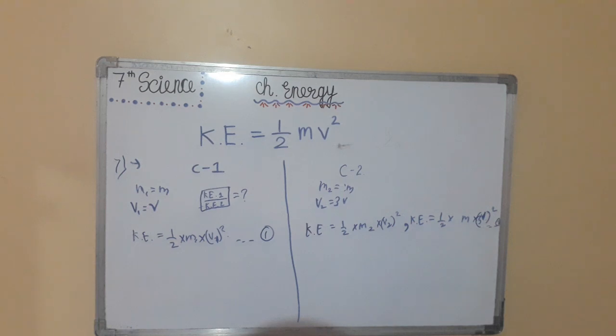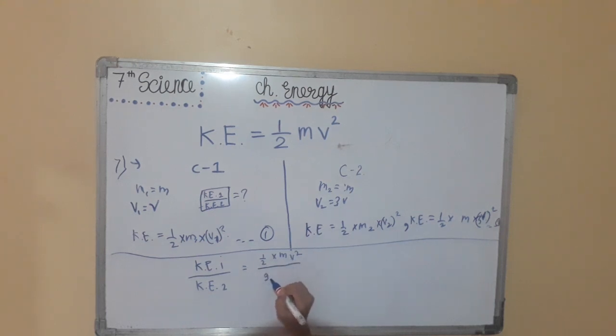Dividing equation 1 by equation 2, we get kinetic energy 1 upon kinetic energy 2 is equal to half mv square upon half m into 9v square.